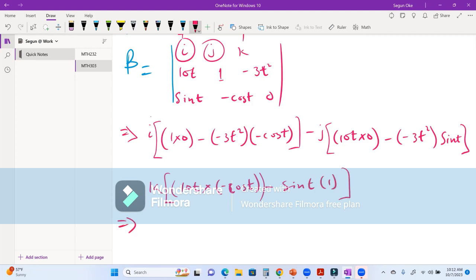So at the end of the day, what we have, our i to be 0 minus times minus positive, times minus again, minus 3t squared cos t. Then minus j to be 0 minus times minus positive 3t squared sine t.